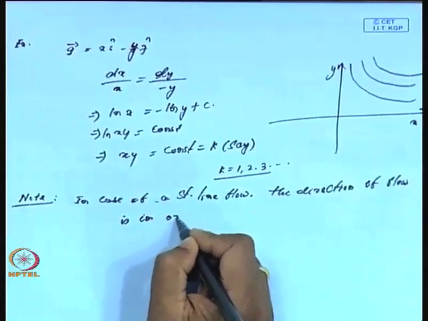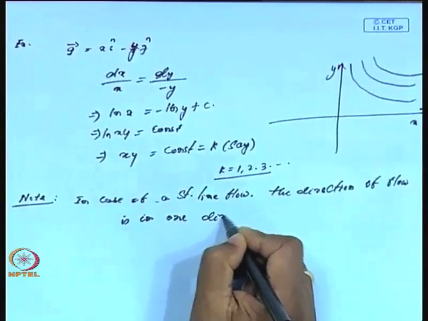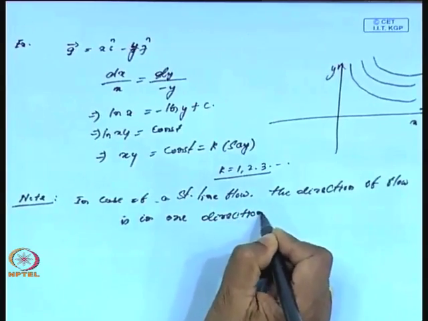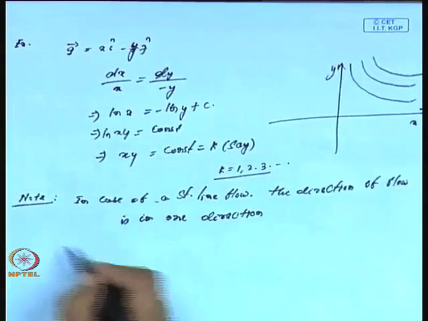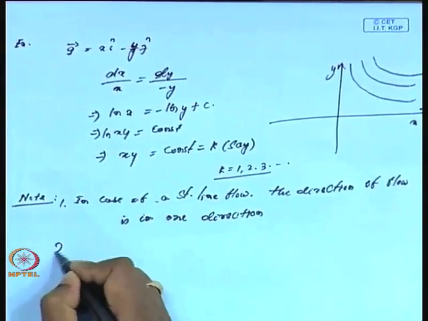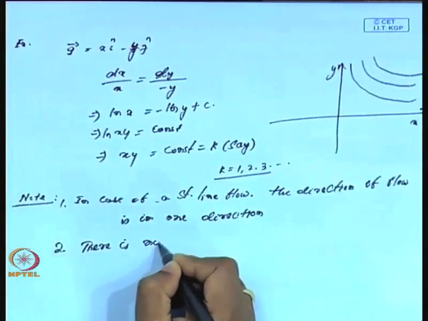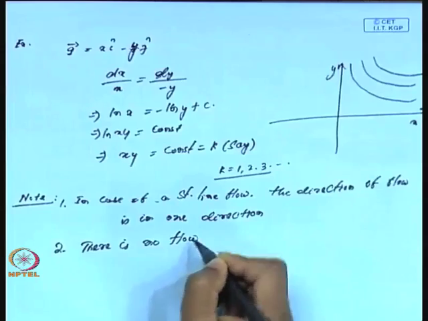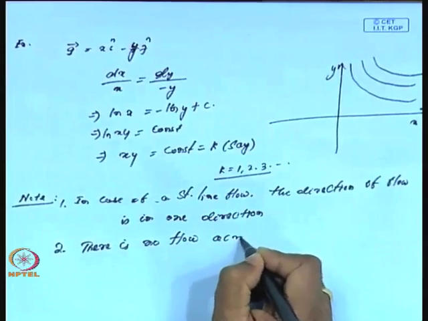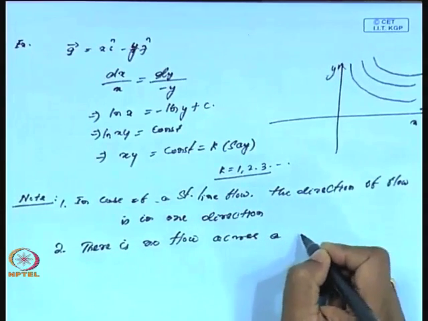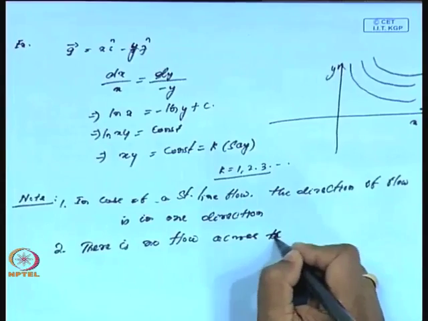Is in one direction. As I have already mentioned, there is no flow across a streamline.